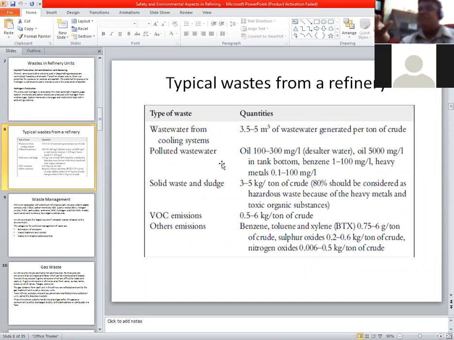But nowadays MTBE is not soluble in the water, and our soil also cannot absorb it. So this MTBE can escape to the water, so it can be polluted.